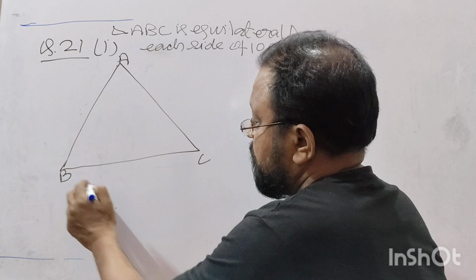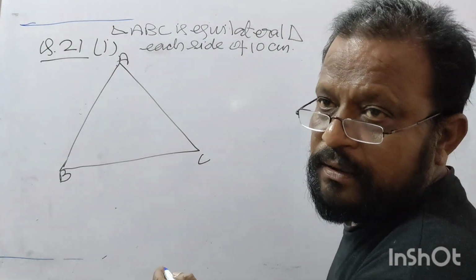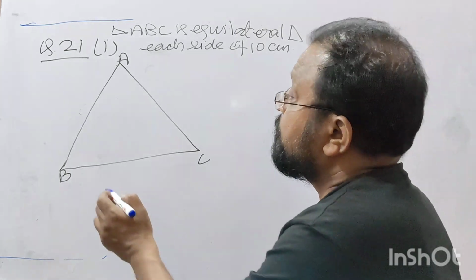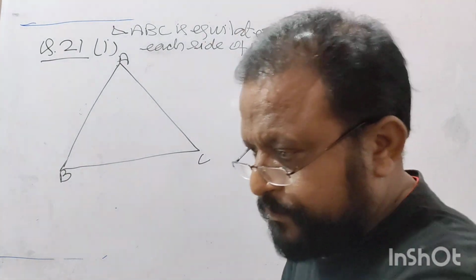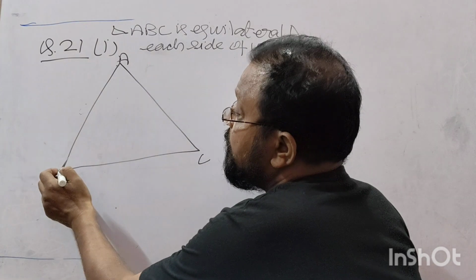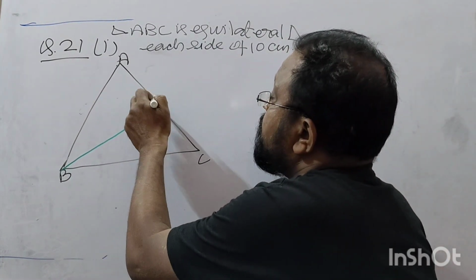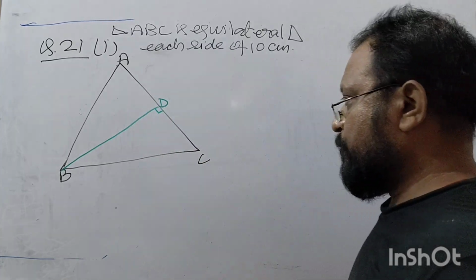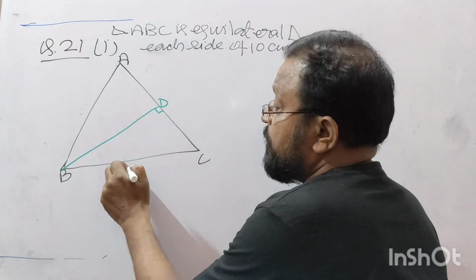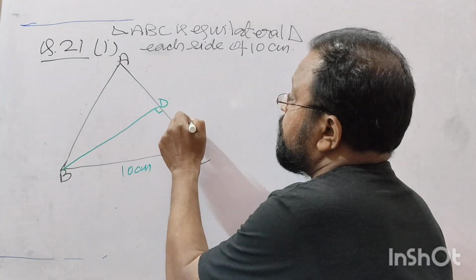Like this. Okay, so BCD. This is B. This is of 90 degree. So this is of 10 centimeter, and this is of 5 centimeter.